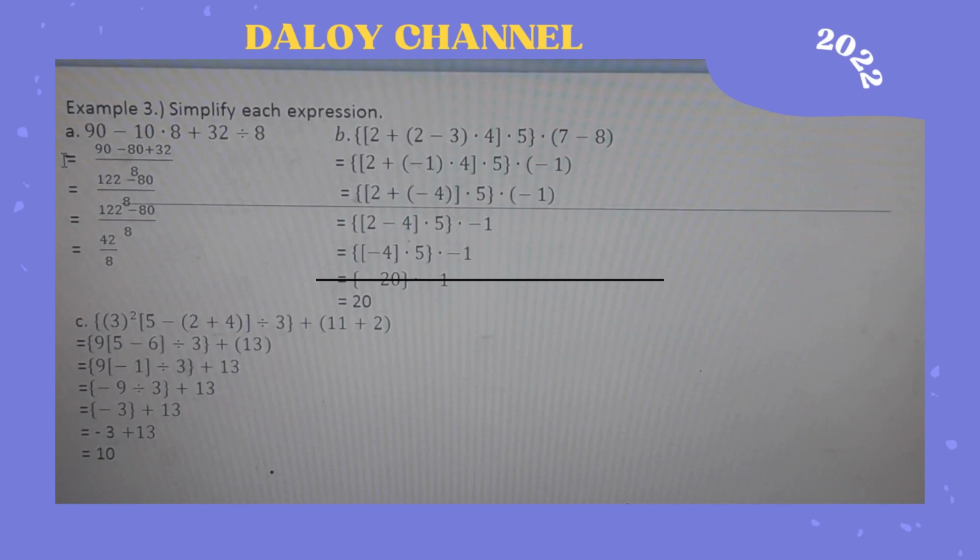Because there are no groupings here. Multiplying and dividing numbers should be grouped accordingly, but here it's clearly operated with symbols. So in this case, we have to multiply negative 10 times 8, and that is equivalent to negative 80.